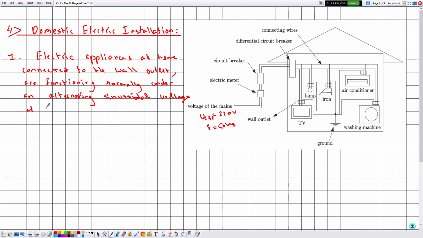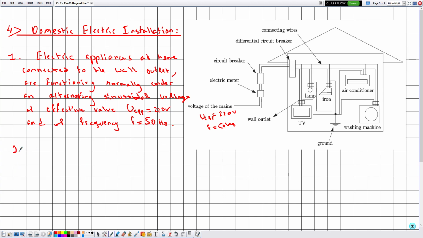Of effective value and of frequency f equal to 50 Hertz.